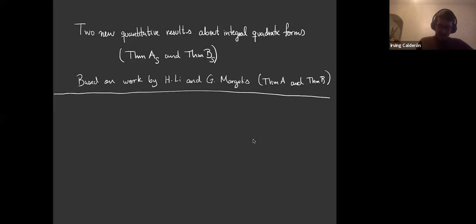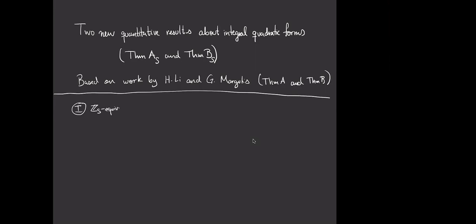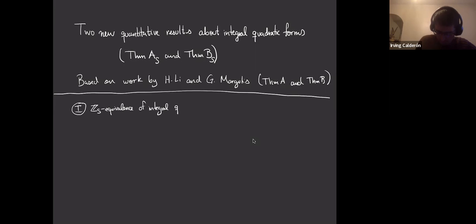So there will be three parts in this talk. In the first one, we'll discuss the main arithmetic problem that motivates the work. So we will discuss S equivalence of integral quadratic forms. And here we will present theorem A and theorem AS.